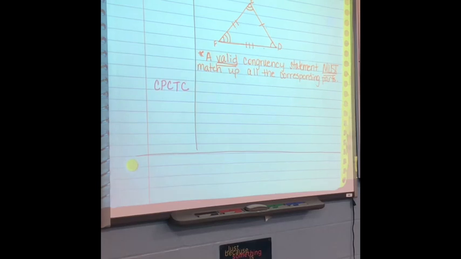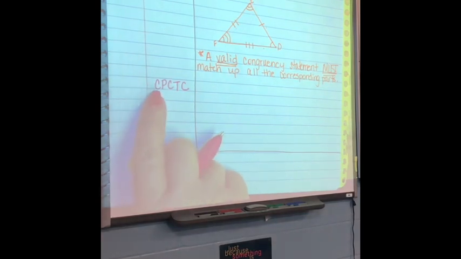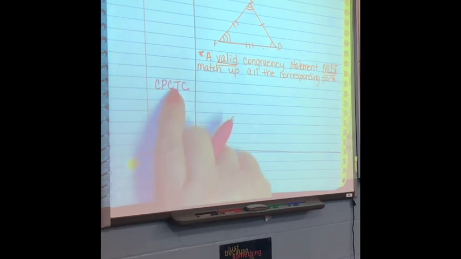Configuration. So there's a few little words, you know how in acronyms they leave out the little words, right? So if I say it like this: corresponding parts of congruent triangles are congruent.